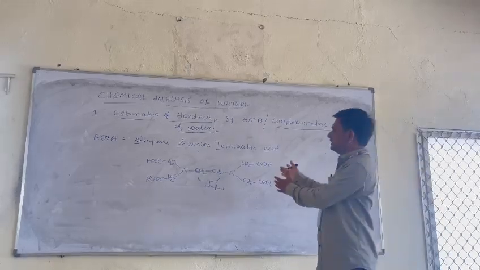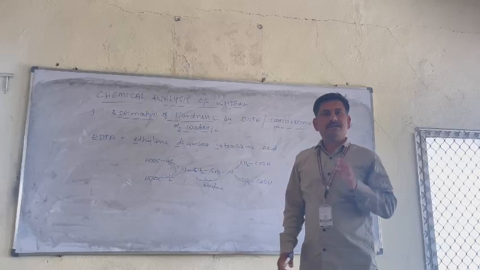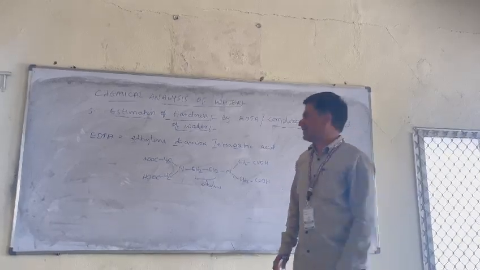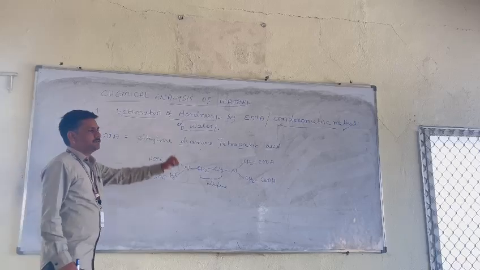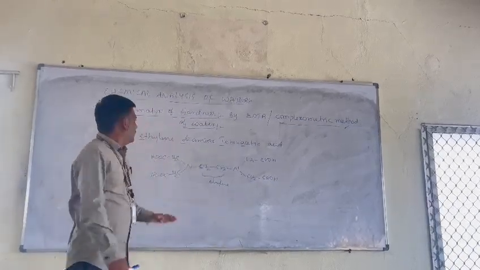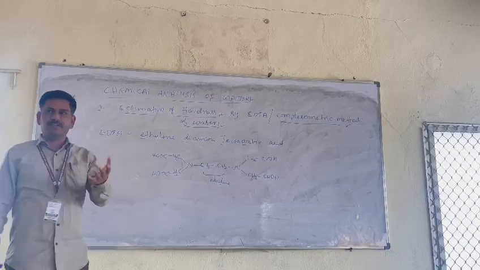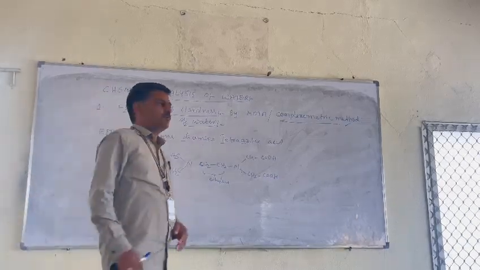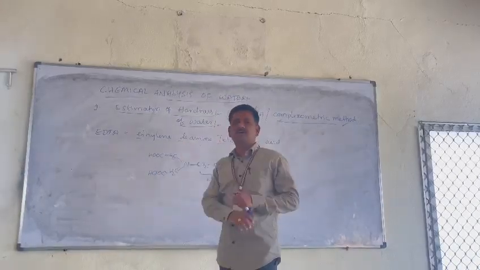So when EDTA reacts with the metal ions, it forms a metal EDTA complex, and hence it is also called the complexometric method, right? As we discussed, this is the principle involved in the estimation of hardness of water.